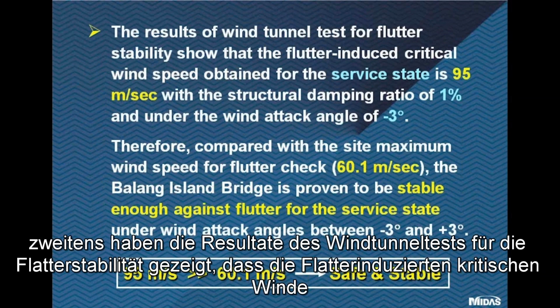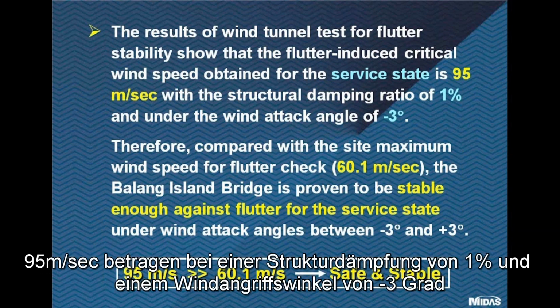Second, the results of wind tunnel tests for flutter stability show that the flutter-induced critical wind speed obtained for the surface state is 95 meters per second, with the structural damping ratio of 1% and under the wind attack angle of -3 degrees.